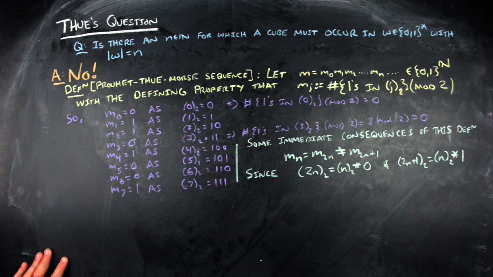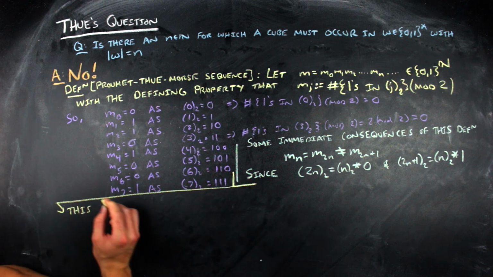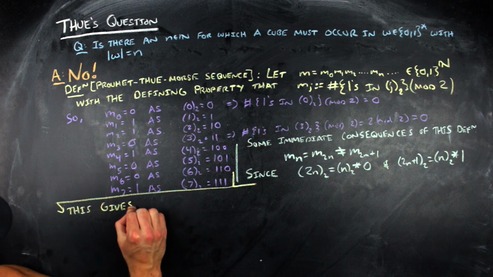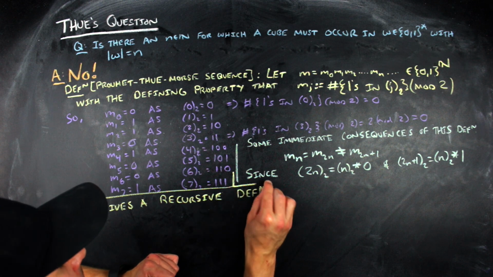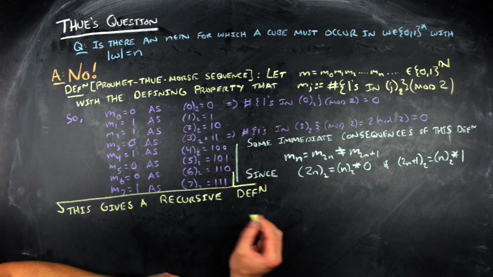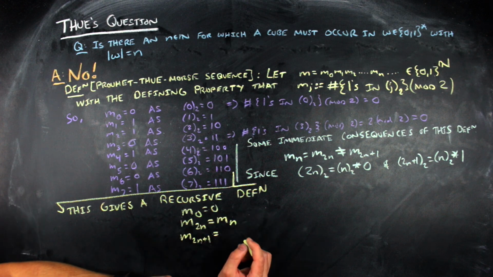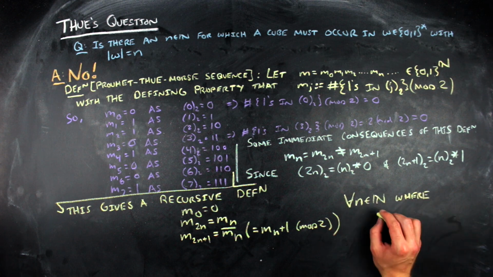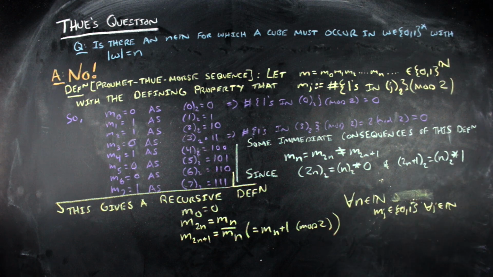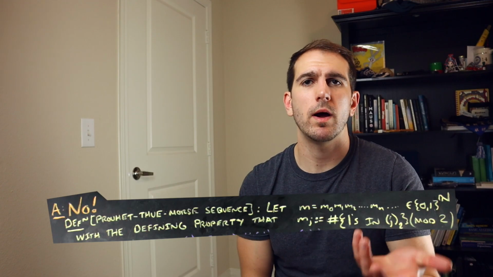Further, we also have a recursive definition of the sequence based on this relationship between the nth term, the 2nth term, and the 2n plus 1th term. That is, the 0th term is 0, and for every n greater than or equal to 0, m sub 2n is equal to m sub n, and m sub 2n plus 1 is not equal to m sub n. Okay, but why does this work?